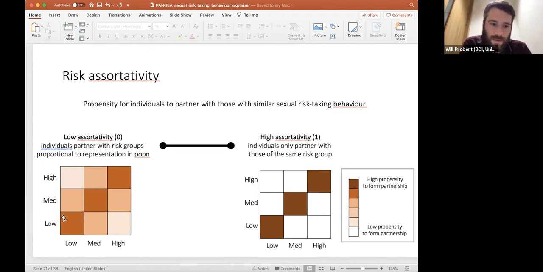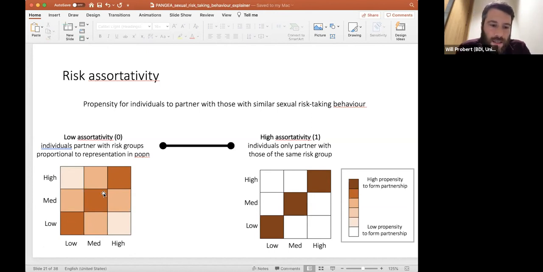So for instance, if we had low risk assortativity, on the left-hand side here, I've got a diagram where it's a sort of heat map showing propensity to form partnerships with individuals of a particular risk group. So we have low, medium, and high risk group along the bottom, and low, medium, and high risk group along the y-axis. And the colour is showing the propensity of individuals of those sort of partnerships to form.